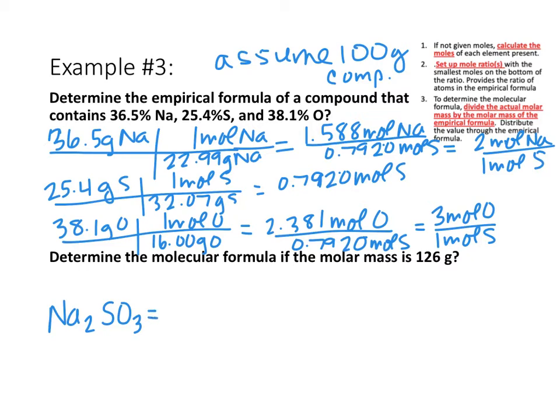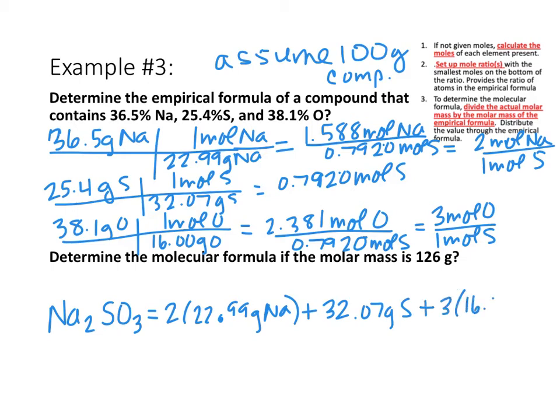Now, determine the molecular formula if the molar mass is 126 grams. So we need to get the molar mass of our empirical. We have 2 atoms of sodium with a mass of 22.99 grams, 1 atom of sulfur, and 3 atoms of oxygen.